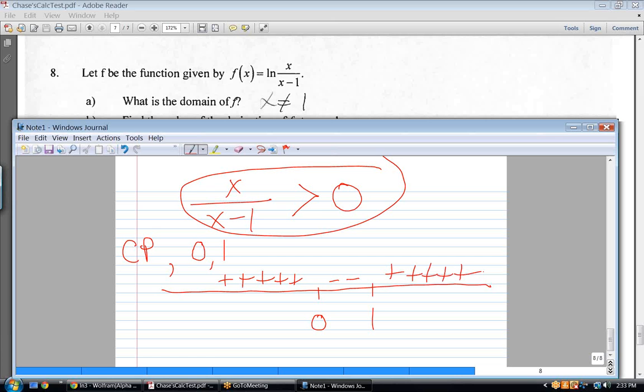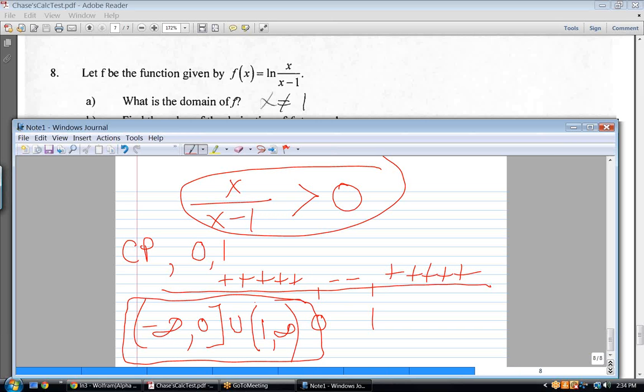So the domain of this thing is all x less than or equal to 0, so it would be negative infinity to 0 with a bracket, combined with parentheses 1 to infinity. There's your domain right there.